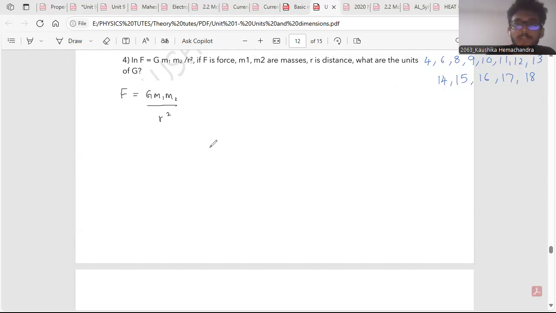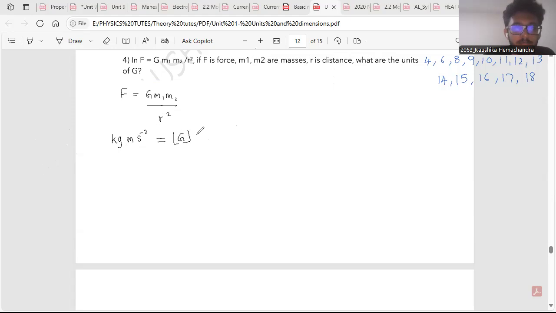They're asking what are the units of G. We know that units of force is kilogram meters per square second. Follow the laws, these you're writing together, but there are small spaces in between. That is equal to G.